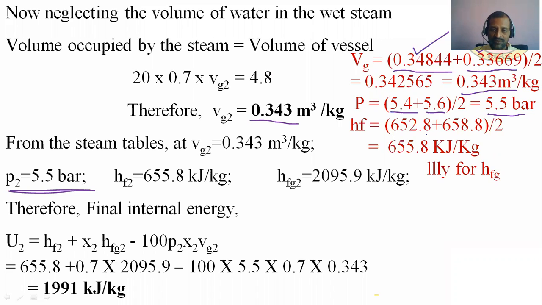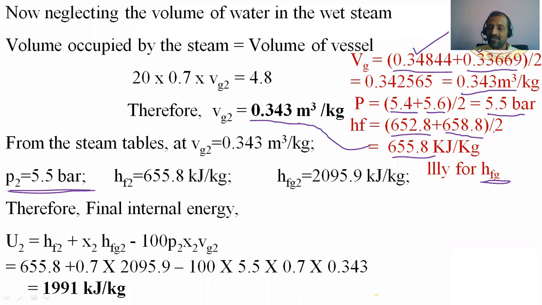This value is related to 5.4 pressure and this value is related to 5.6 pressure because you have to take average. So that divided by 2, so that will give you 655.8 kilojoules per kg. This is actual HF. This HF is with respect to what specific volume? It is with respect to 0.343 specific volume. So this is average.